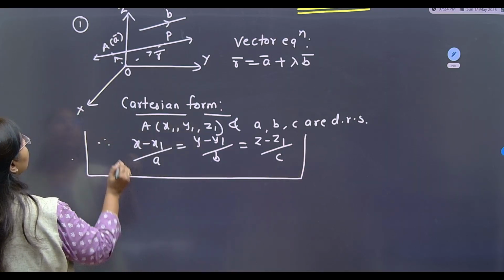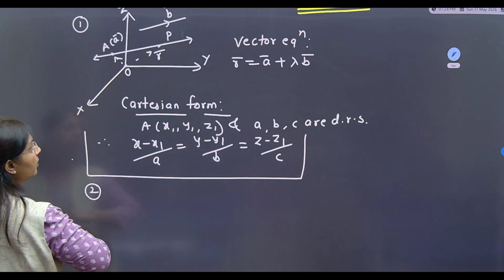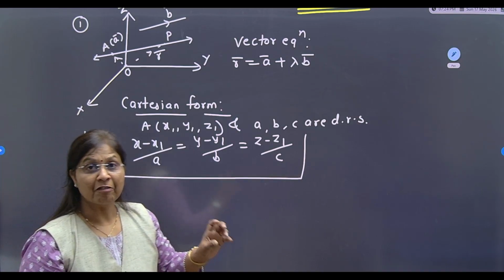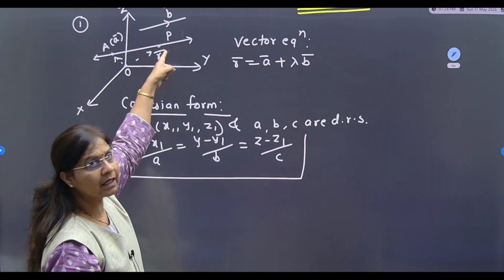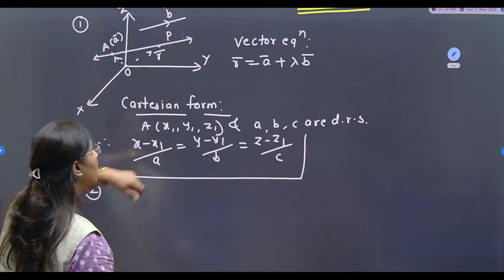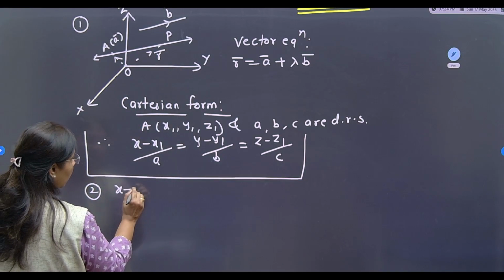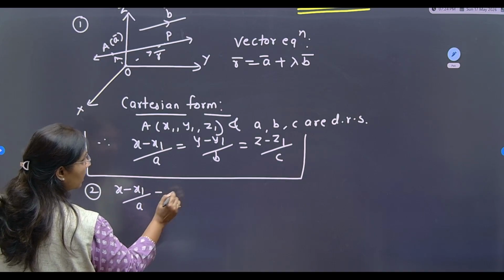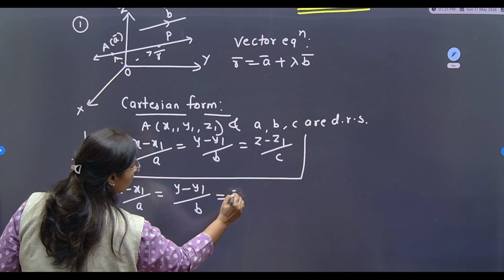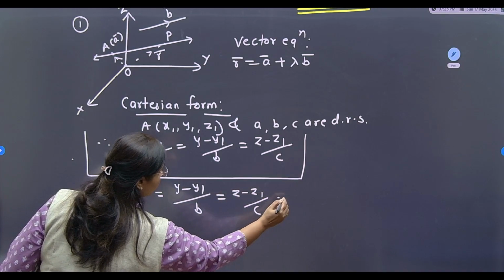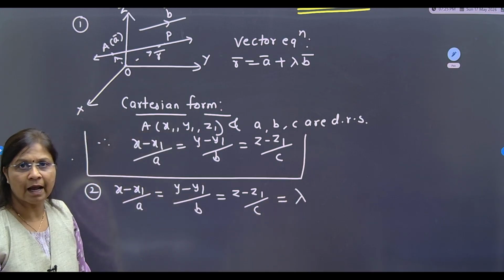Next, number two: find the coordinates of any point on the line, here our notation is P. First, equate (x minus x1) upon a, (y minus y1) upon b, and (z minus z1) upon c, each equal to lambda.